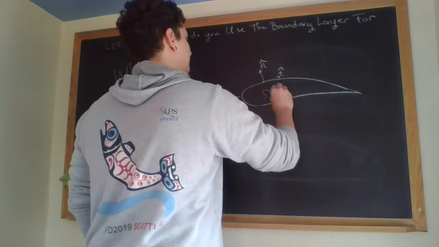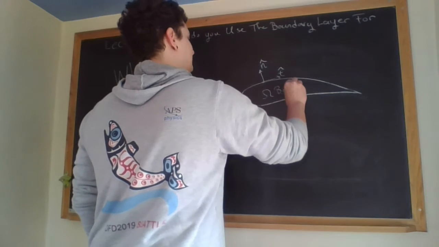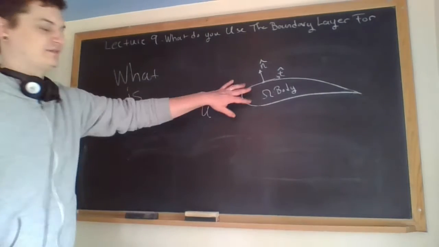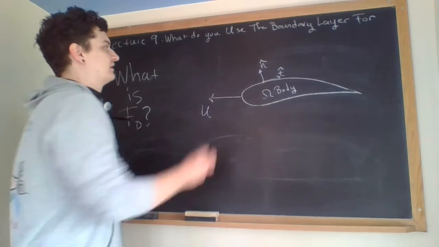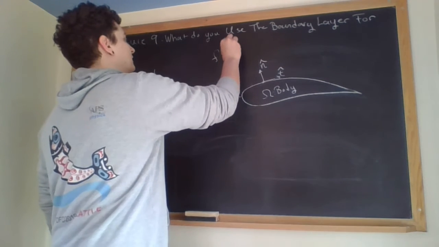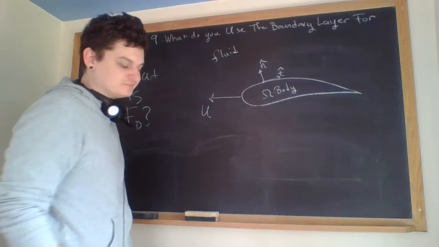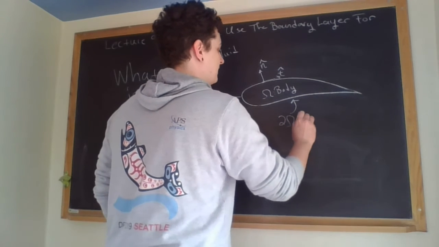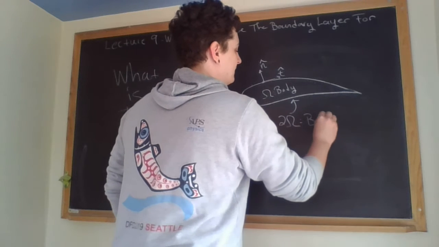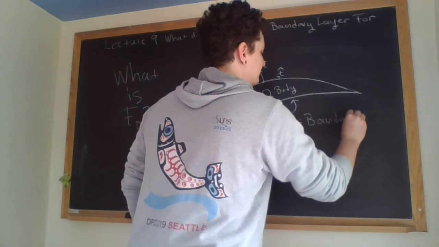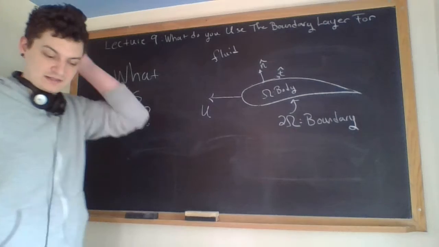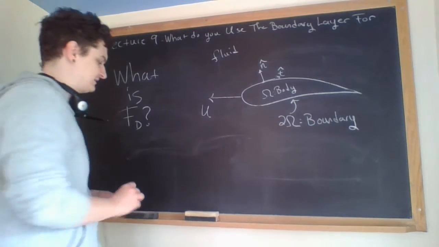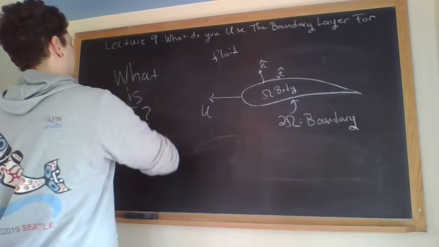So I use this for a body. This is some region that is solid as opposed to fluid out here. So this is fluid. Then I always use this notation from math. This is the boundary of your solid surface. Okay, so that's the picture that you have.